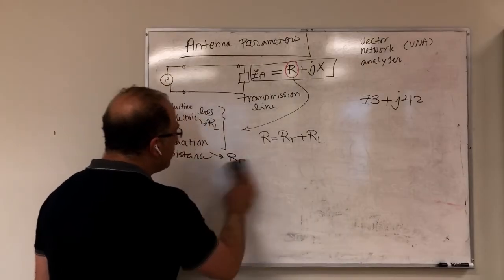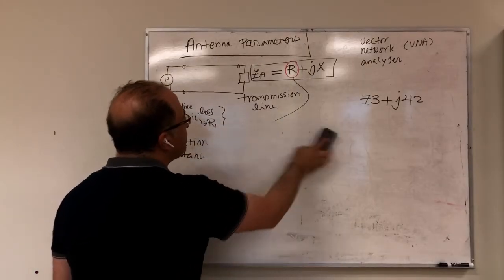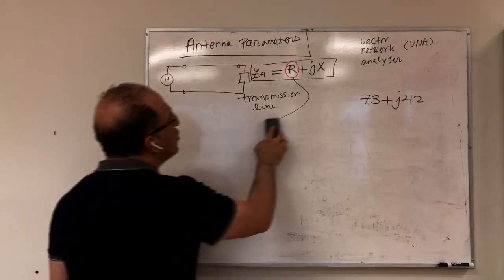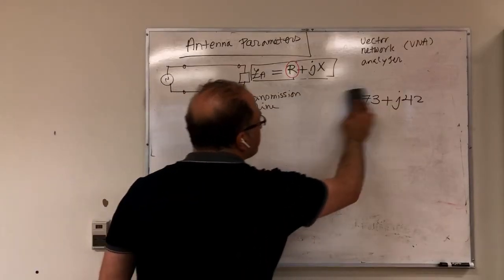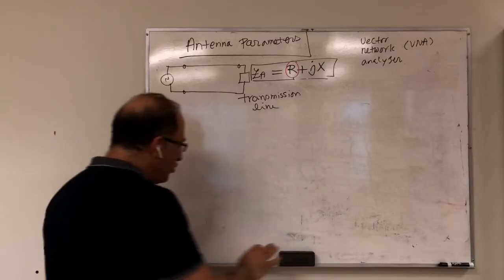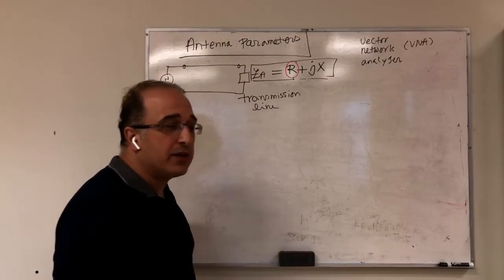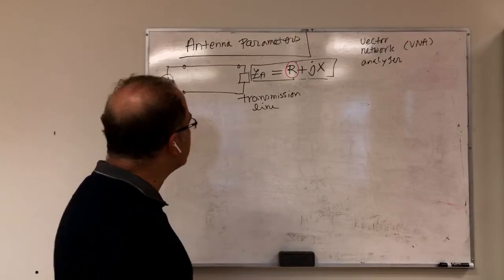Something else that I also want to mention, now that we talked about transmission line and so on, is that it's good to remind you about the input impedance seen from a transmission line.